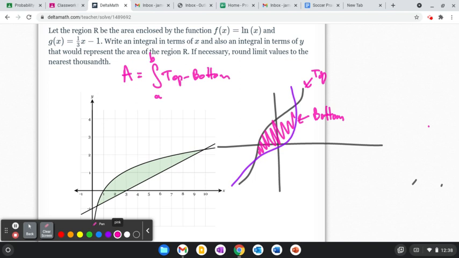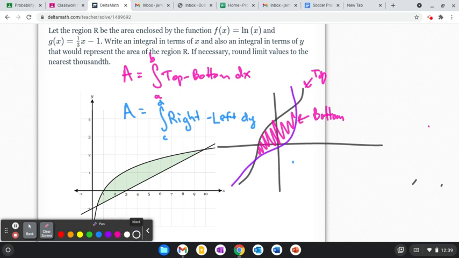Another way to look at this is in terms of y's, and instead of thinking of it as top minus bottom, the integral we're going to say from C to D, and that's going to be the right minus the left. And I'm going to throw a little dy on there, and with this one I'm going to throw a dx on.